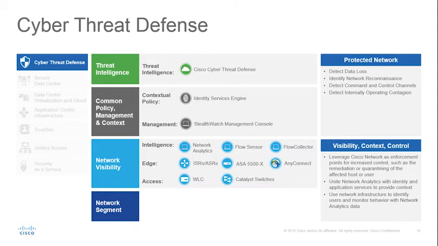Flow sensors can be used to translate communications into flow records, where network analytics are not compatible on a piece of network equipment. Cisco Integrated Services Routers, or ISRs, and Cisco Aggregation Services Routers, or ASRs, support network analytics services using a software implementation of the feature set.